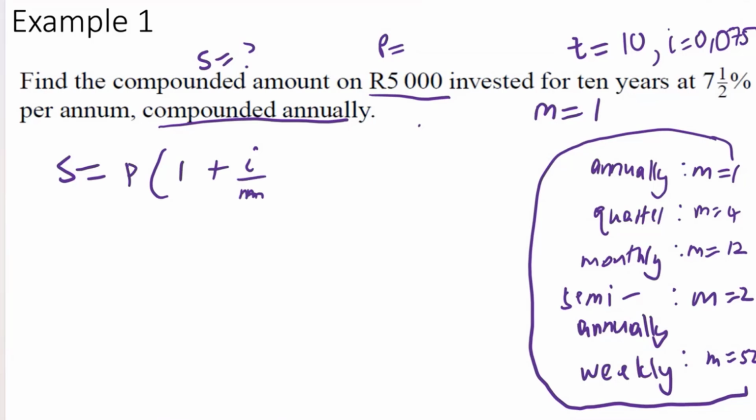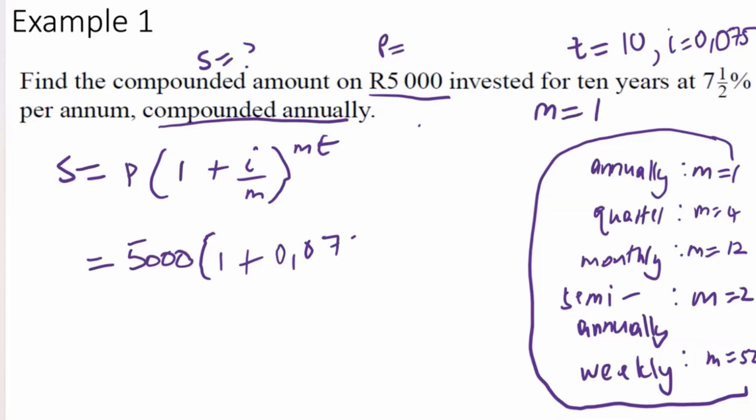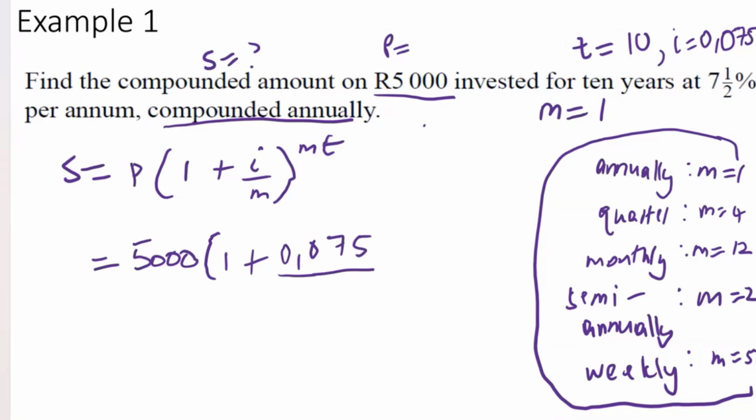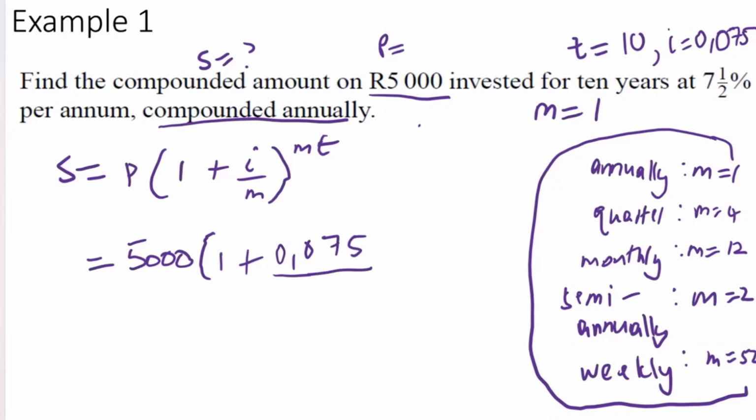I want us to use this formula. This is M multiplied by T. You've already decontextualized your story. So your P there is equal to 5,000 into 1 plus your interest, which is 0.075. I am also highlighting the misconception of substitution.